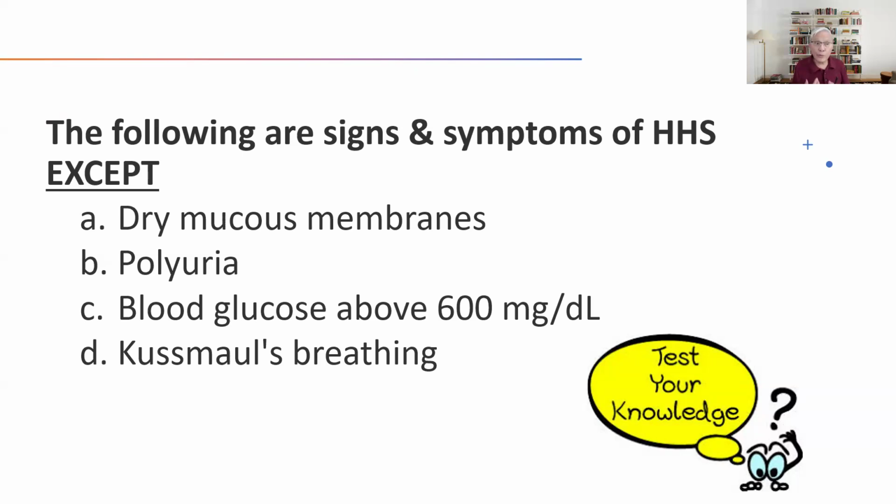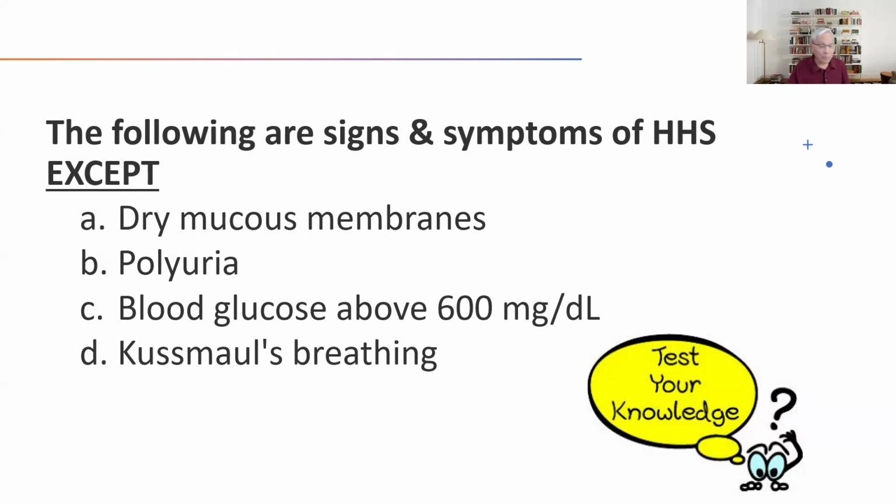Okay, so remember that dehydration is present in both DKA and HHS. But the answer here is letter D, Kussmaul's breathing. When do we see Kussmaul's breathing? In DKA, okay? Because they're trying to remove the ketones through the respiratory system.